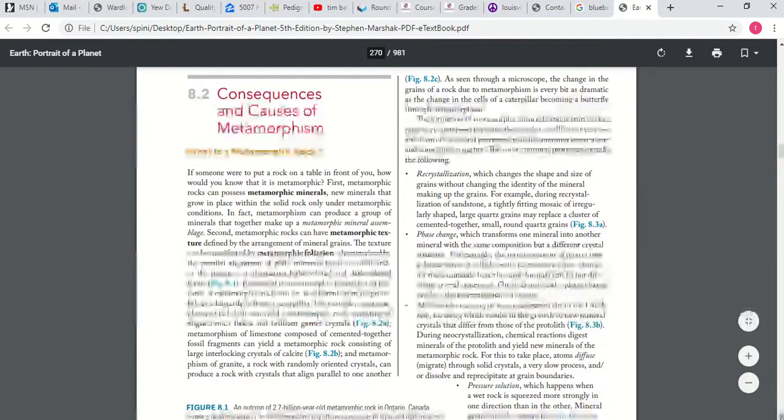So the slate that I showed you, which is the metamorphic form of shale, would be a foliated rock. In other words, it was probably at one time a sedimentary rock.